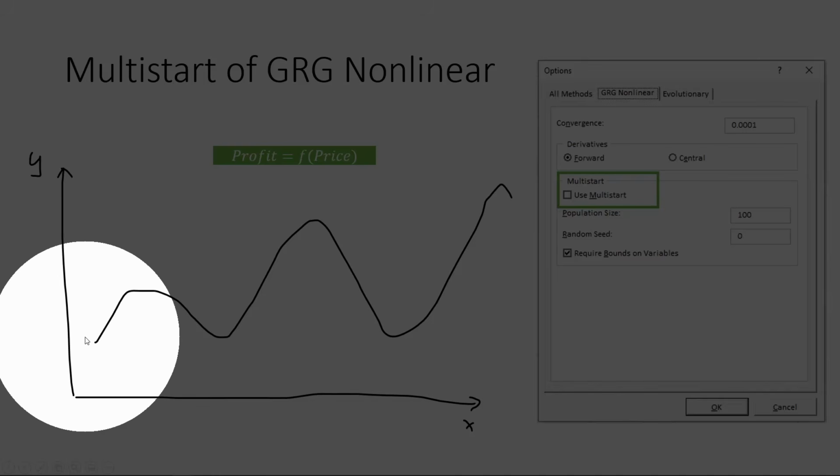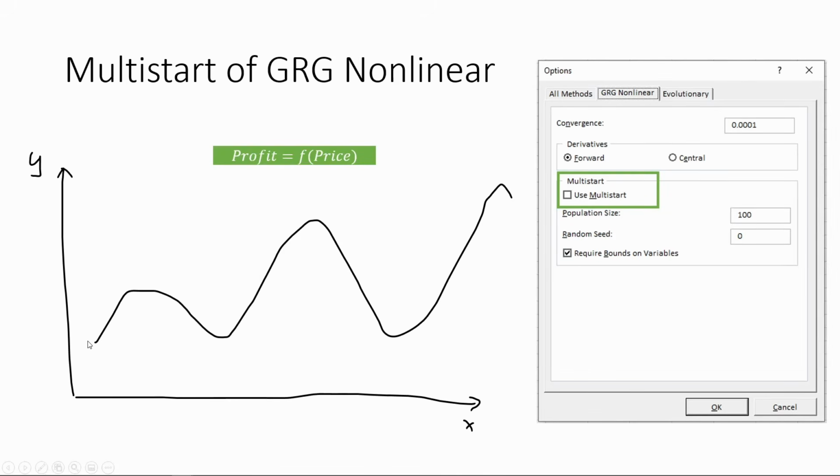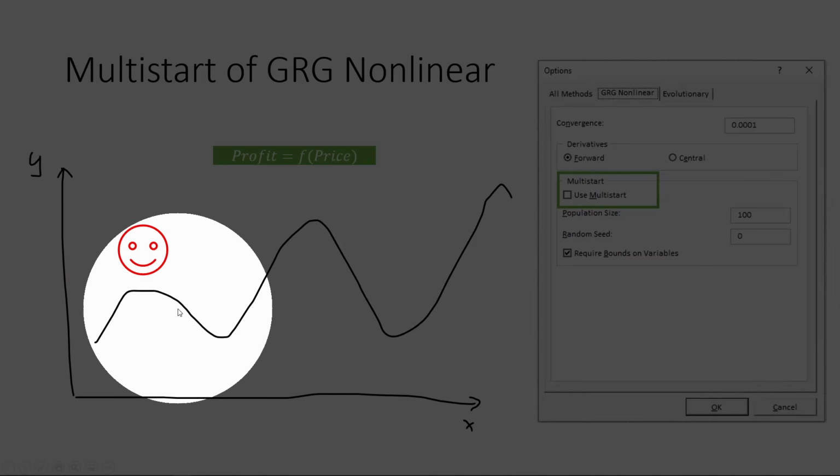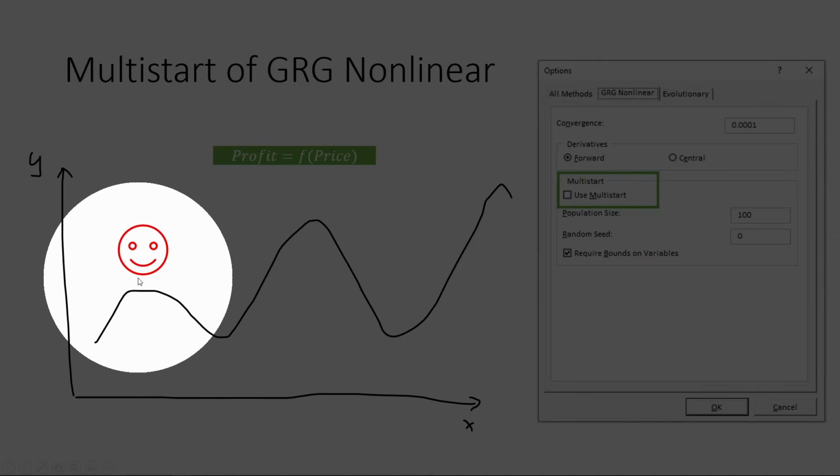So let's say the little guy happens to start here within Solver. And if the little guy starts there, the little guy is going to climb to here. And within Solver, the little guy would find that if I go further, the profit starts to decrease. So this is where I should be. So I'm going to stop here.